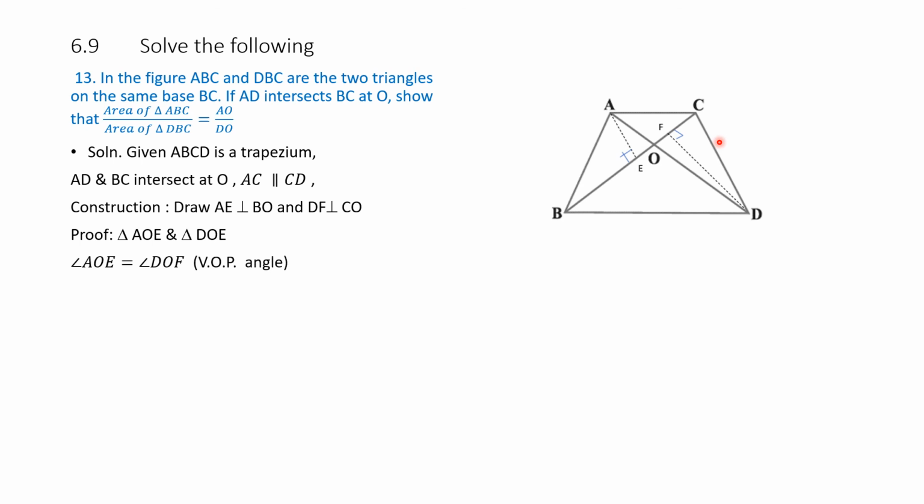Proof. Triangle AOE, compare this triangle and triangle DOF. Please compare these two triangles. Therefore, angle AOE is equal to angle DOF because they are vertically opposite angles. These are opposite to each other.